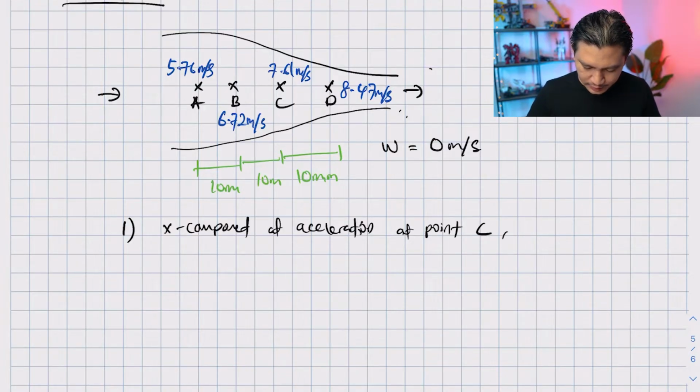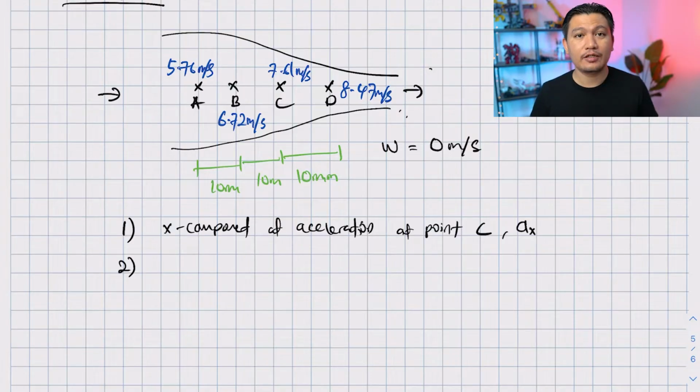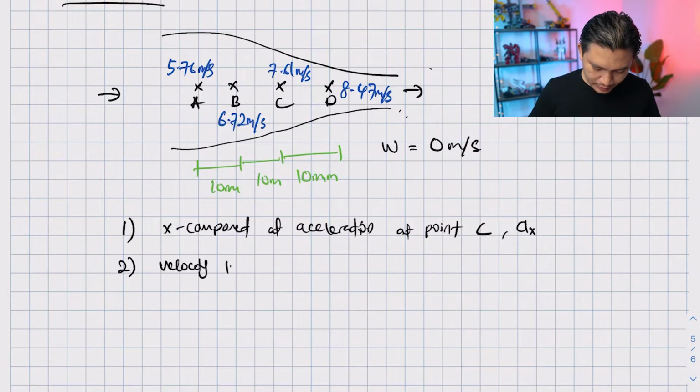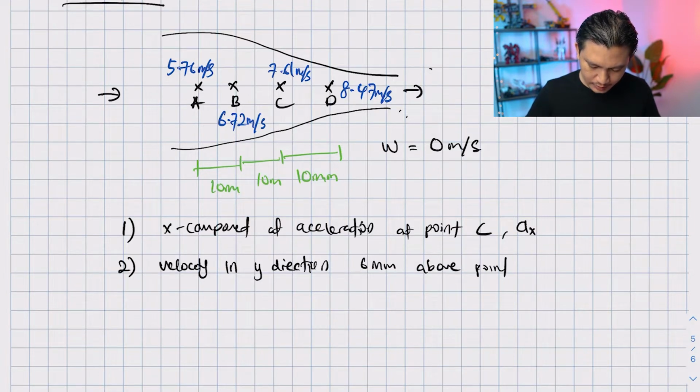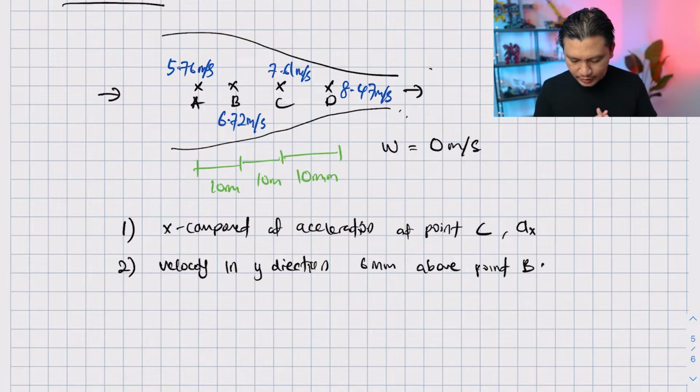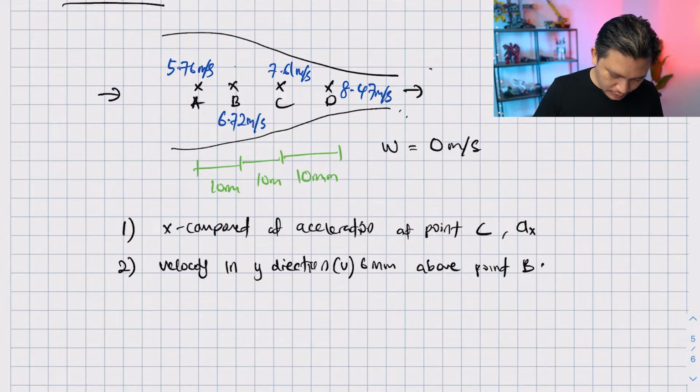So we denote this as acceleration of x at point C. And the second question is asking for the velocity in the y direction, v, 6 millimeters above point B, so probably somewhere here.